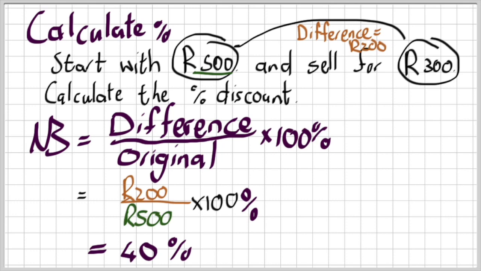Therefore, I gave the person 40% discount. A very important thing, ladies and gentlemen, is you always put it over the original amount. No matter what it ends up with, the original amount.